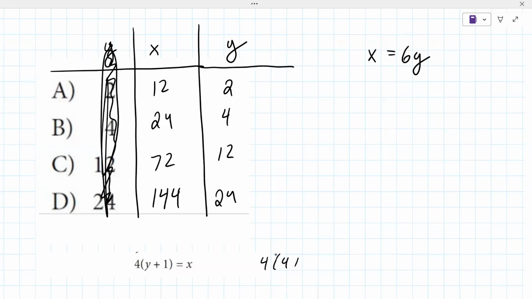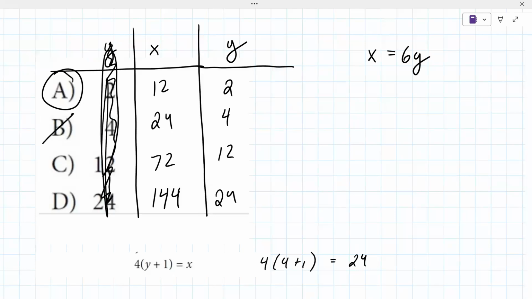So 4 times 4 plus 1, does that equal 24? 4 plus 1 is 5. 4 times 5 is 20, so that one's out. A. It is A. Very good.